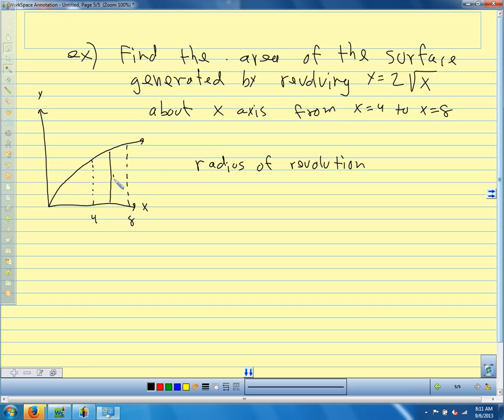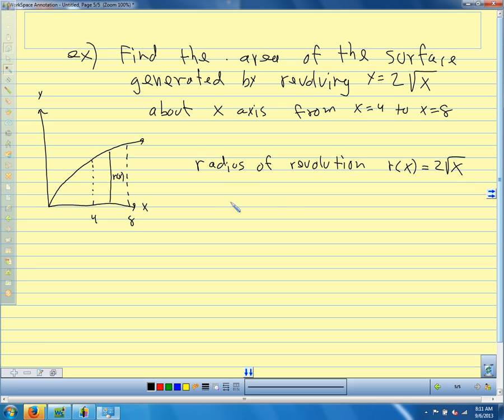So this is going to be r of x. What's going to be an expression for our radius of revolution? 2 square root of x, it's just our function. So that's our radius.